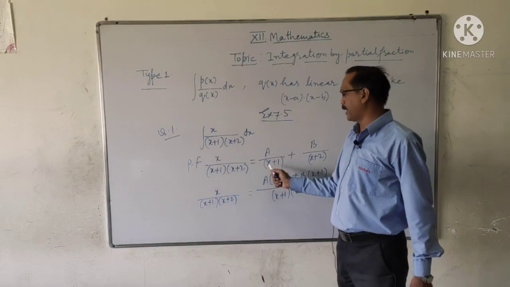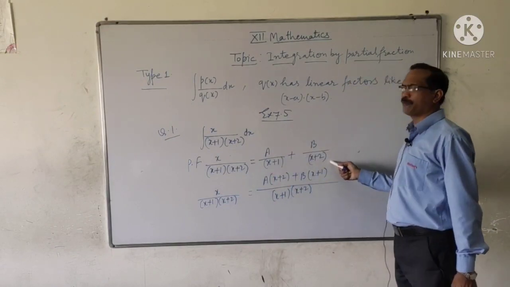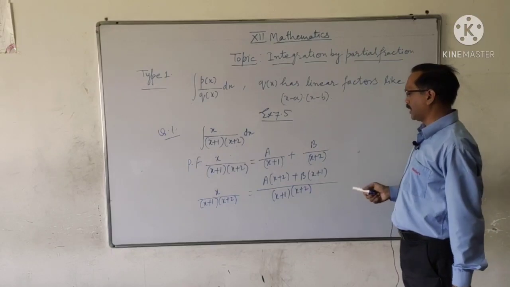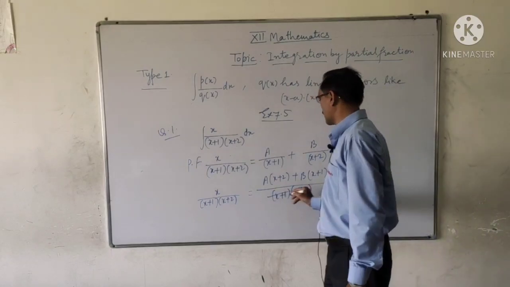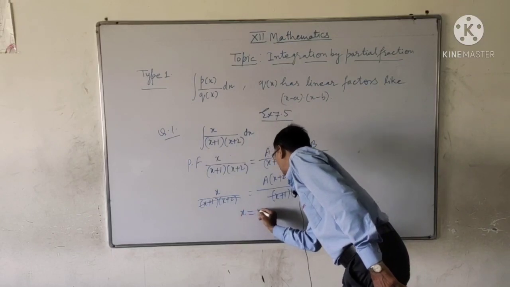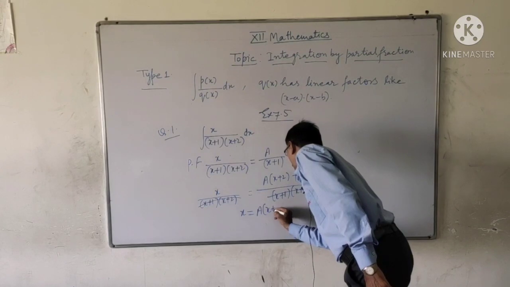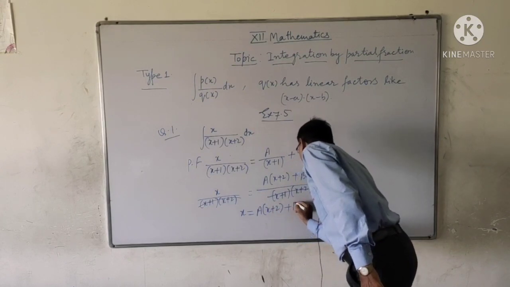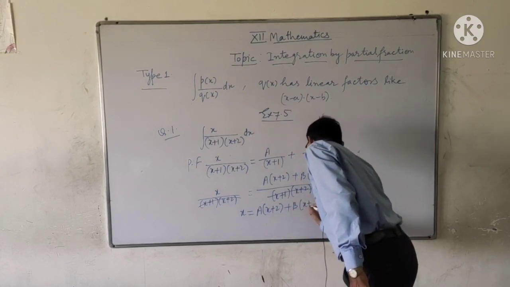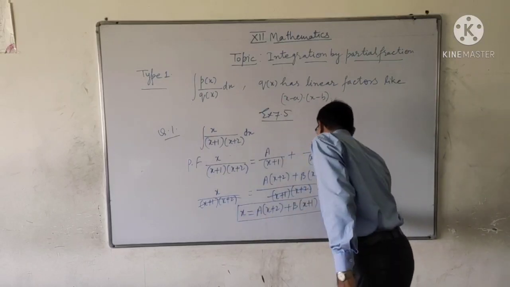For one linear factor there is one constant, for the other linear factor there is another constant. Now here this is cancelled out, so x equal to a into x plus 2 plus b into x plus 1. This is the main equation.